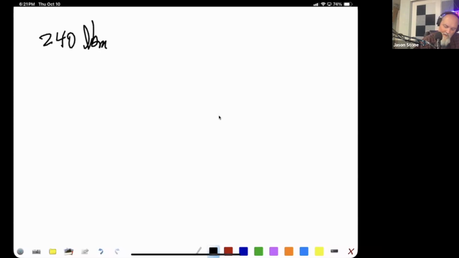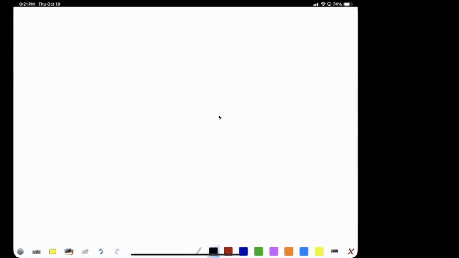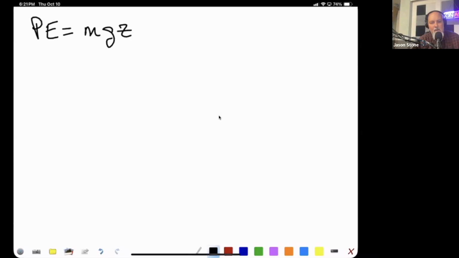Let's start with the equation. What's the equation for what this is asking? Potential energy: m times g times z. And that's part of the equation. That is the equation.